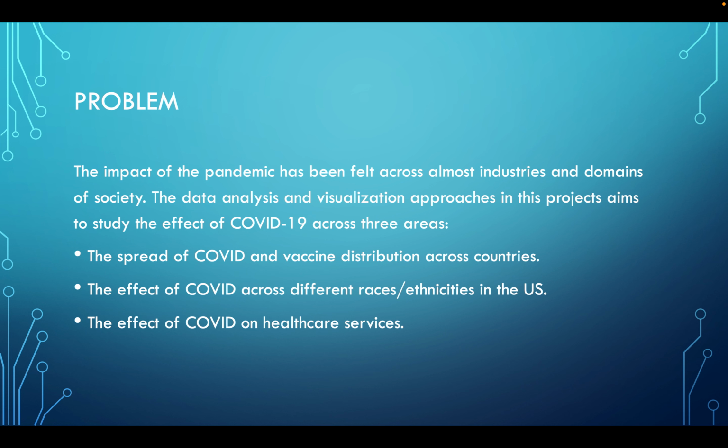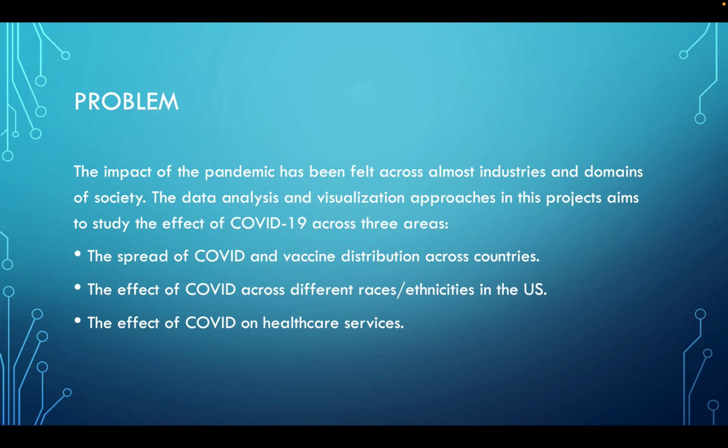So the problem that I'm going to be looking at is basically the effect of COVID across 3 different areas of society. The impact of the pandemic has been felt across almost all industries and domains of society, and the data analysis and visualization approaches in this project aim to study the effect of COVID-19 across these three areas. First, I'm going to look at the spread of COVID and how the vaccine distribution has been affected across the countries.